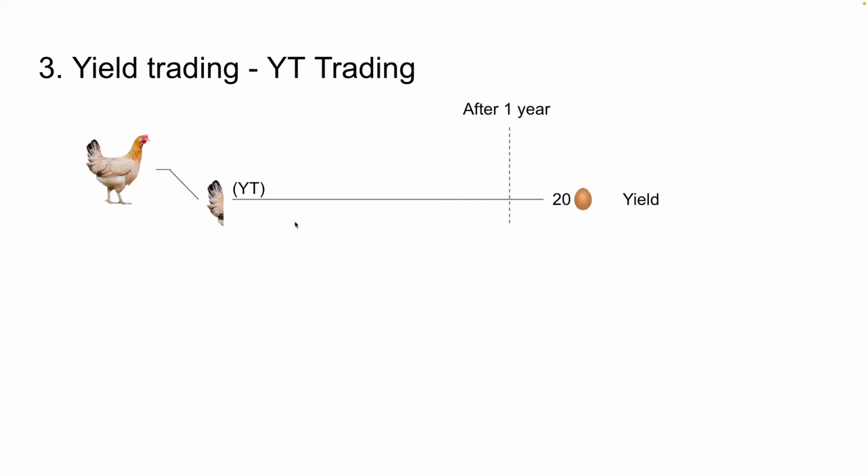So in this example, YT can always be bought and sold in Pendle. So imagine that you buy this chicken butt for 10x, and after 1 year, it produced 20x. That's basically 100% return, right, on your capital.